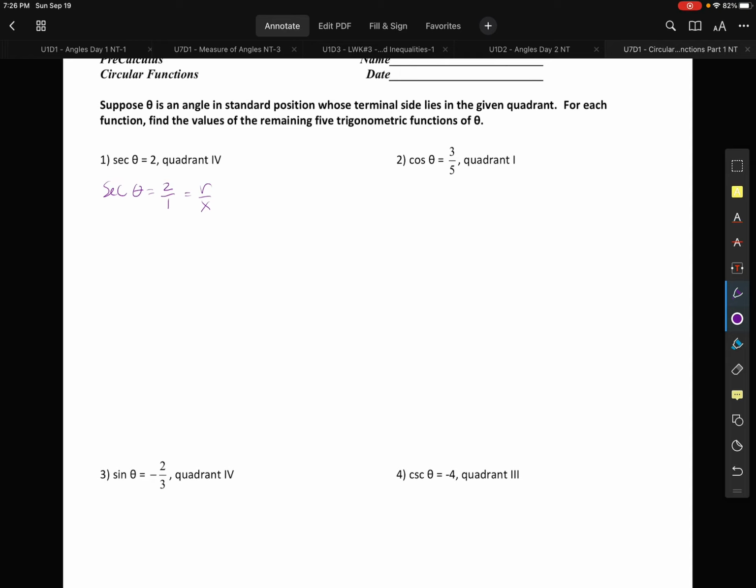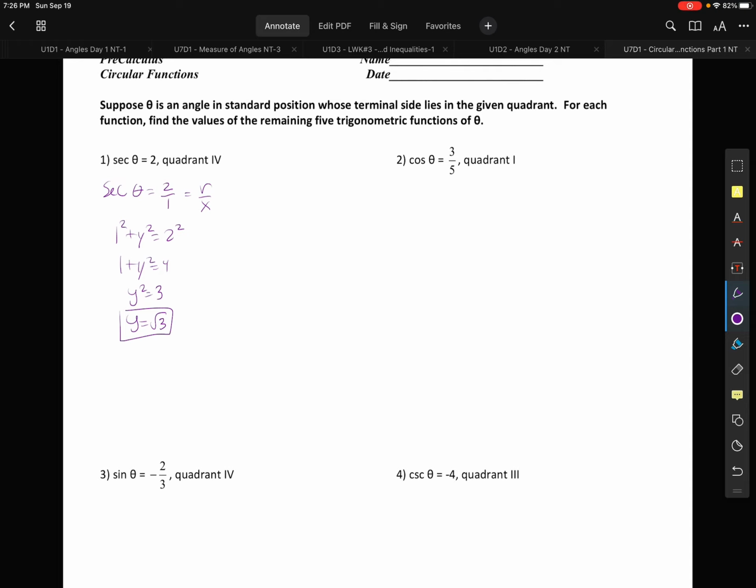We're not given y. So we have here that 1 squared plus y squared equals 2 squared. 1 plus y squared equals 4. Y squared equals 3. Y equals rad 3.